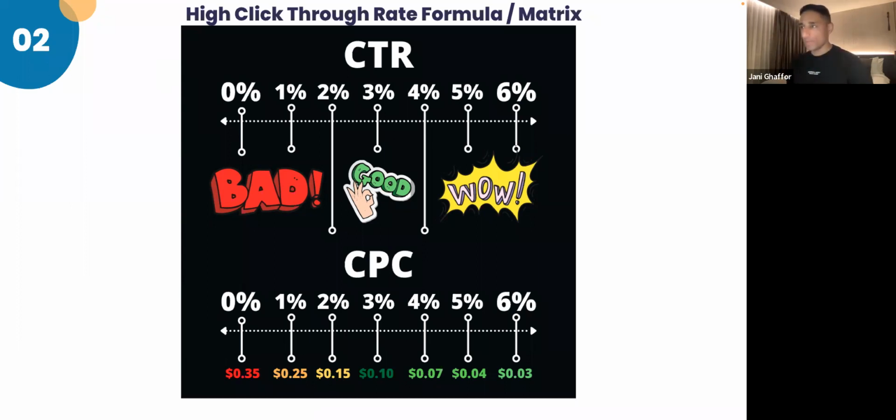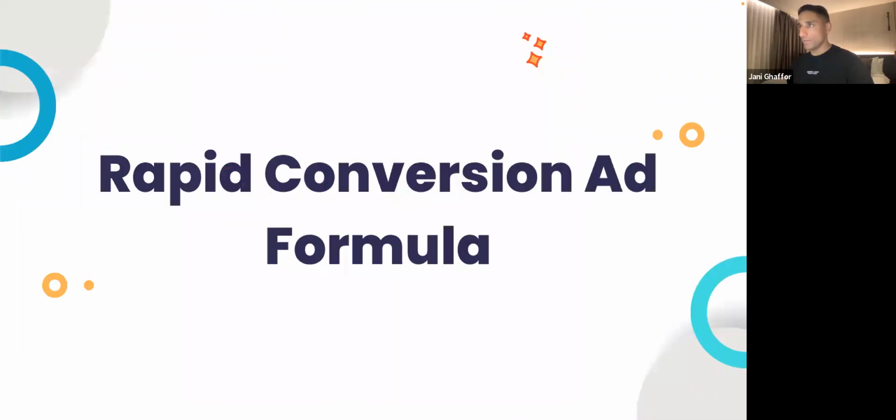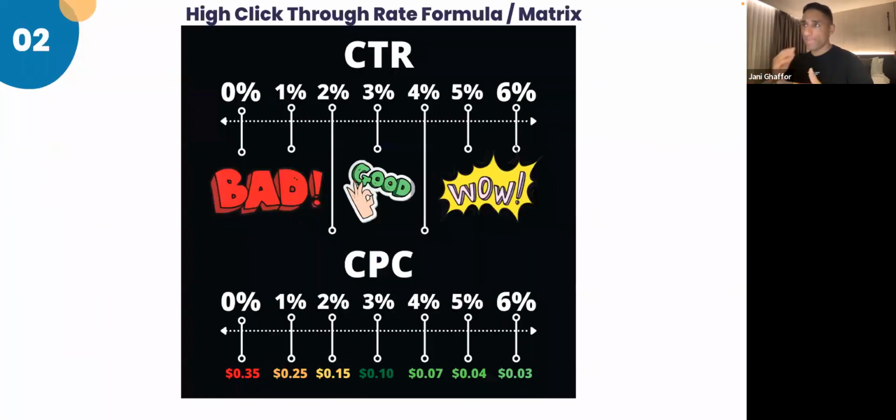We have the little watermark on there, but that is why a high click-through rate ad is so important, because it lowers the cost. So it increases the clicks, it lowers the cost, it increases the click-through rate, right?